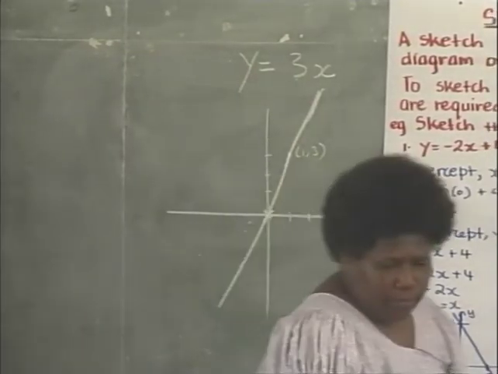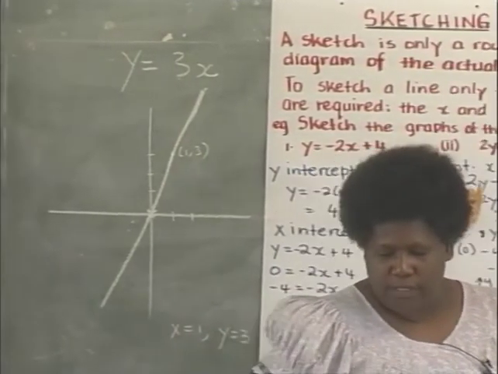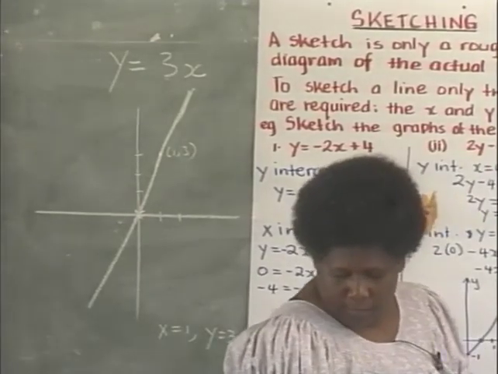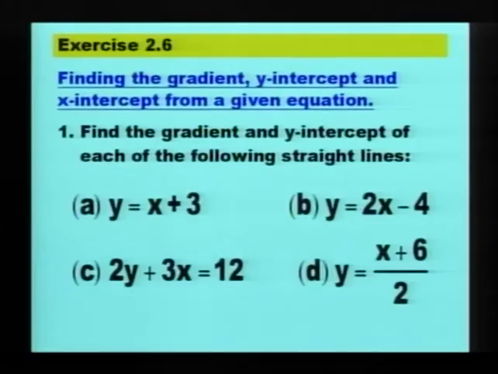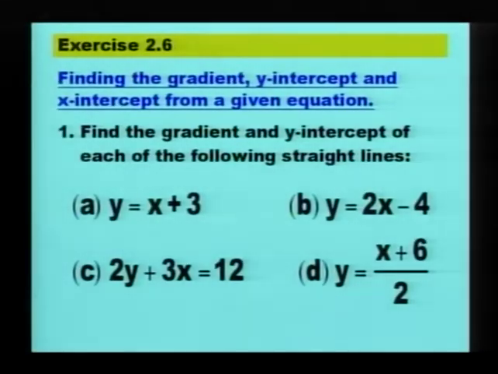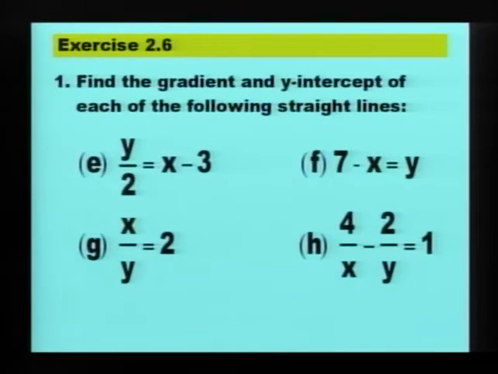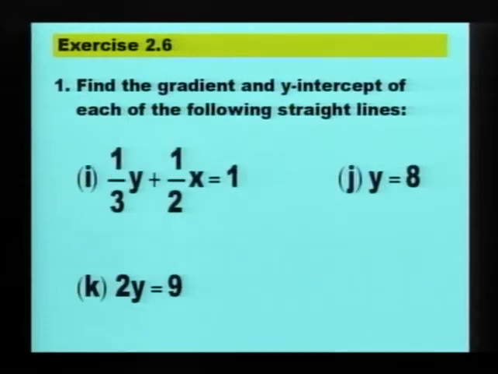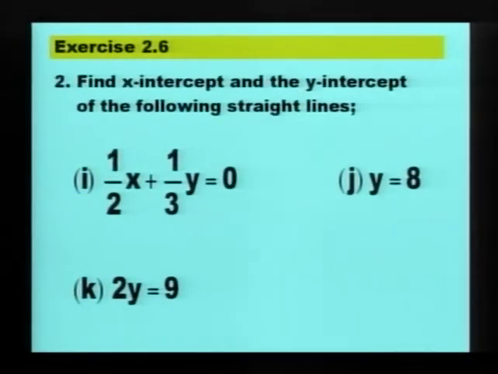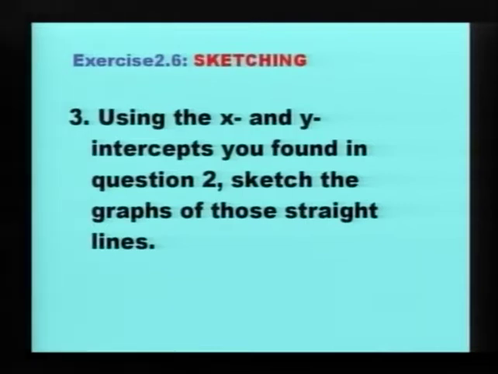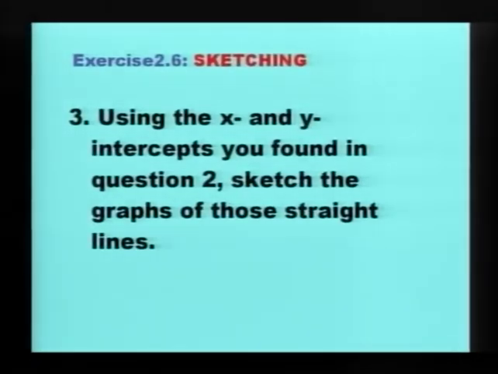Okay, now you are going to do exercise 2.6. Number 1, A to H, and then, sorry, it's A to K. Then you are going to do number 2, finding the x and the y-intercept. And then number 3 refers to number 2.